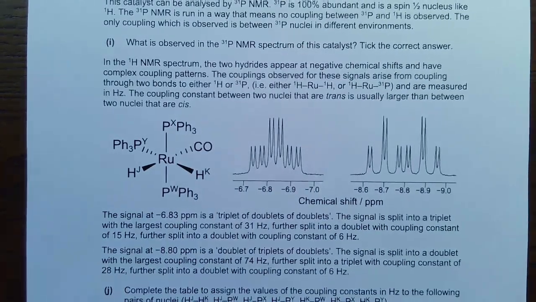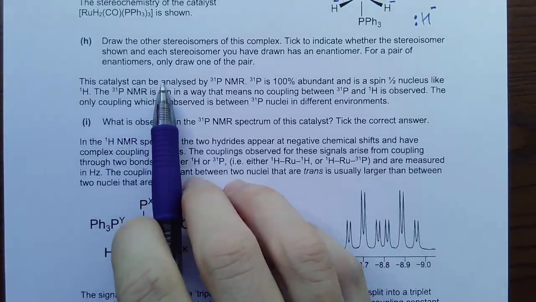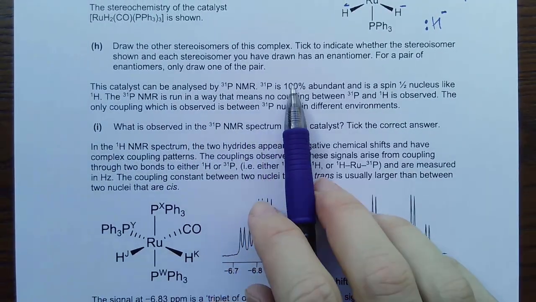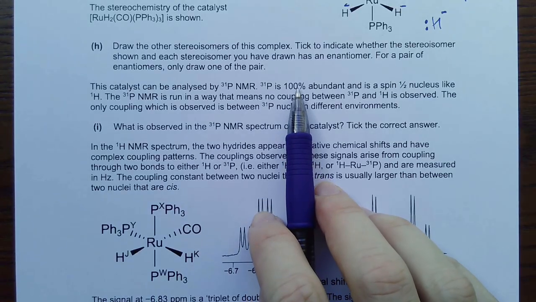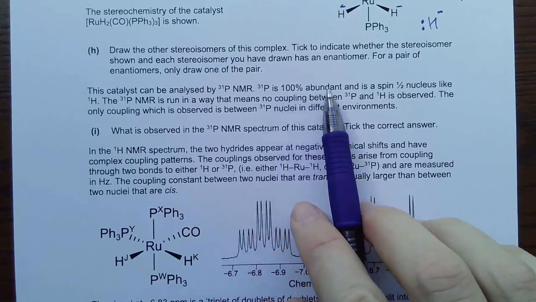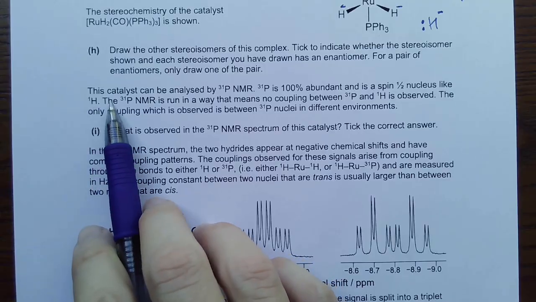Anyway, let's move on. So then we get to the fun part of the question. The catalyst can be analysed by this phosphorus NMR technique. It's 100% abundant. Fantastic. That means we're not going to get any confusing combinatoric situations. And it's spin half like 1H NMR.